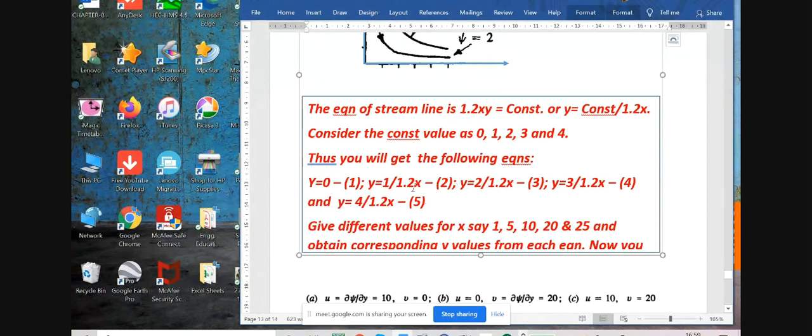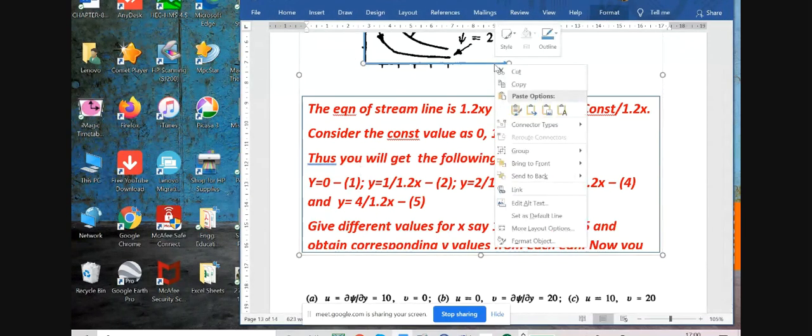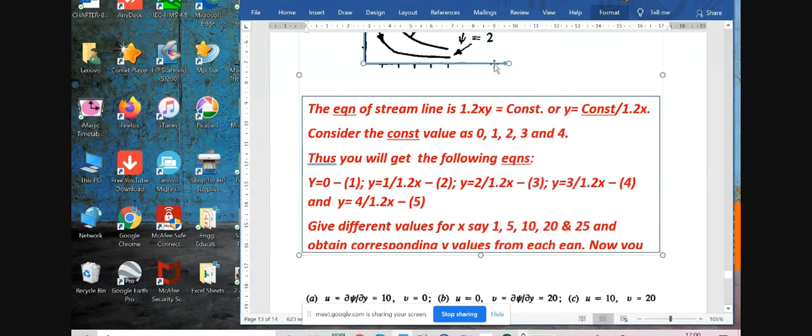Now what you will do is, you take different values of x. Say for example, x is equal to 1. x is equal to 5. You substitute here. For all values of x, 1, 5, 10, 20, 25, the y values are 0. So this is one streamline.